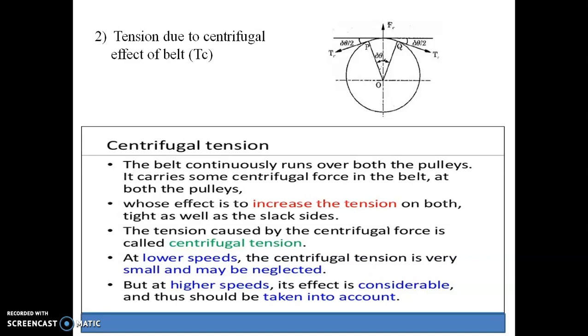The effect of centrifugal tension is to increase the tension on tight as well as slack side. When the belt speed is low, then the centrifugal tension is very small and it can be neglected. But at higher speed, it is considerable, so it should be taken into account.